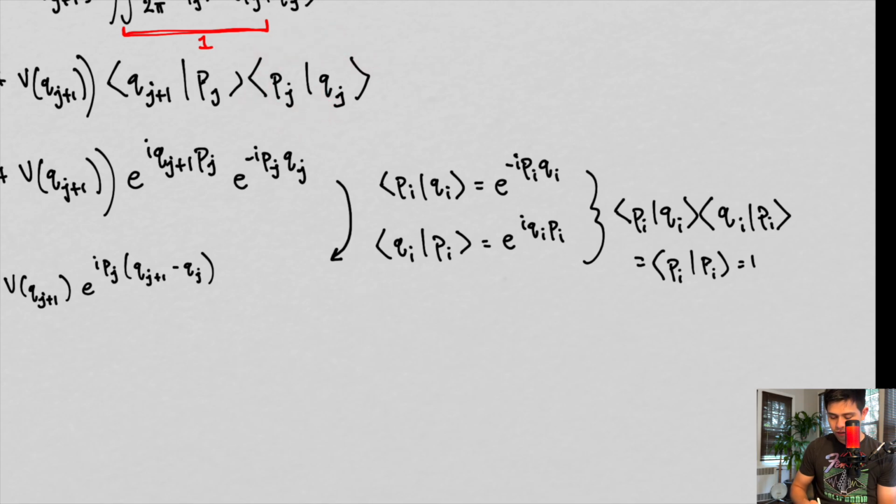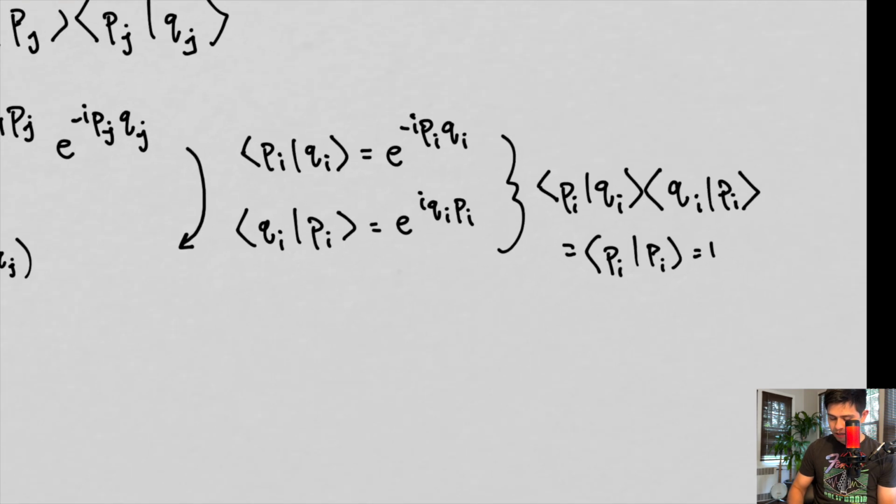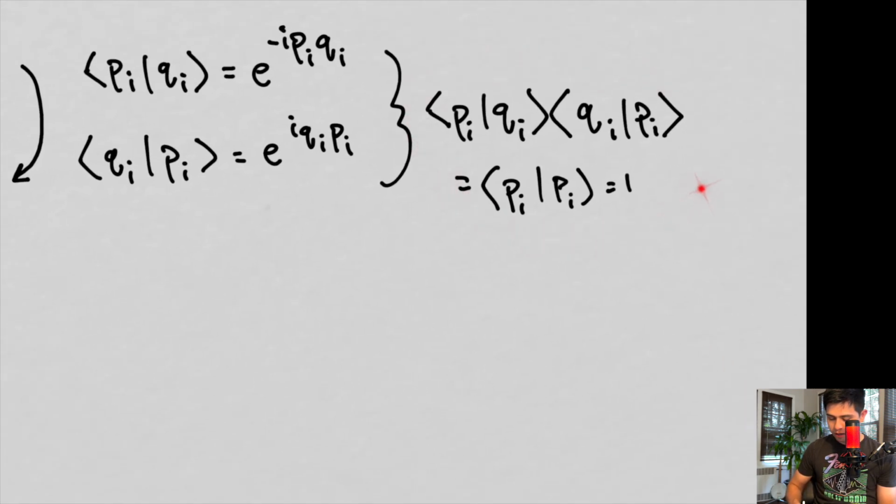This is equal to the exponential of i p_j times q_j. And we say the other one is equal to this, q_{j+1} p_j with a positive sign. The positive sign is because of this relationship right here. When we multiply these two relationships together, we see that we get 1.